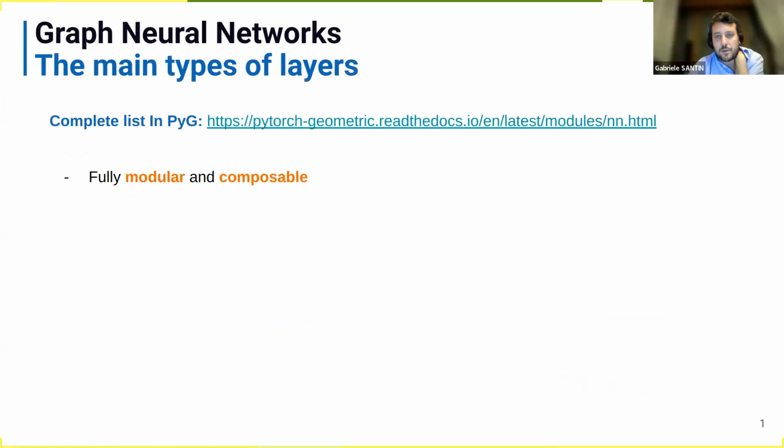But there are a number of other ideas to define layers that have the same ideas and the same properties. If you're interested in this kind of thing, you can have a look at this page in the documentation of PyTorch Geometric, which provides an entire classification of all the layers provided in this library.